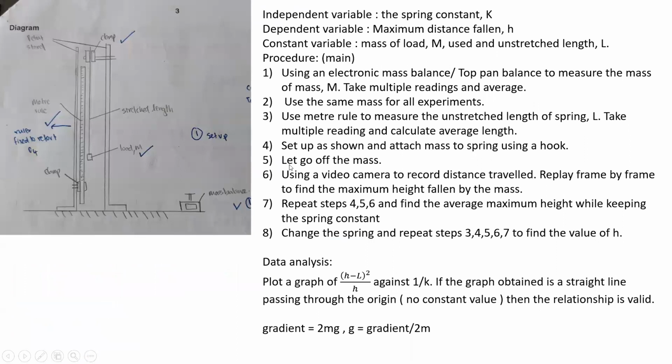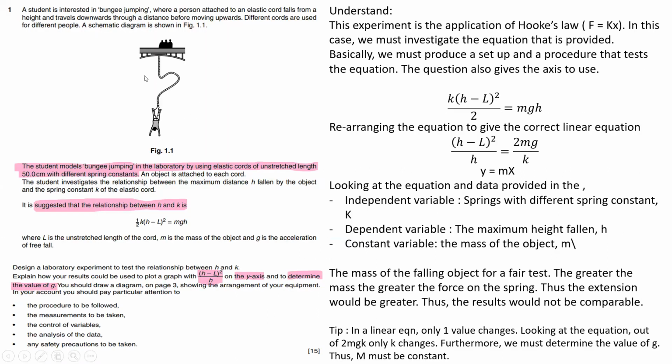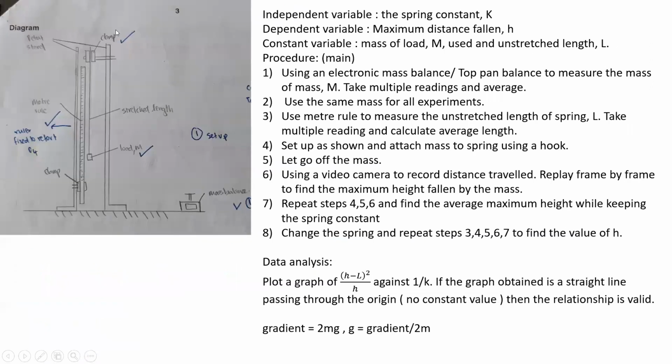Right, now looking at the setup, we're given a boy falling off a bridge, but if you look, it's not that difficult. Like they said, the bungee cord is modeled by an elastic cord in the laboratory, and then we use a load m, or you can call it mass m, to represent the boy. I use the meter rule to measure the height fallen, which is clamped vertically to a retort stand.